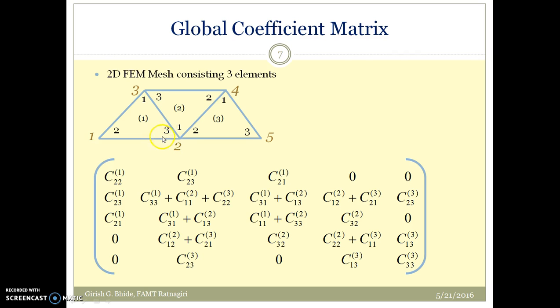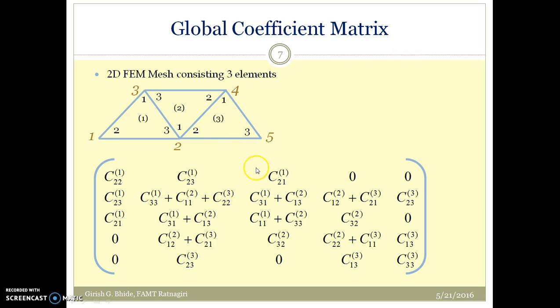So here I find that global node number 2 is connected with element number 1, element number 2 and element number 3 through the local nodes as 3 from element number 1, 1 from element number 2 and 2 of element number 3, and therefore what I find is that the terms are C33 of 1 plus C11 of 2 and C22 of 3.